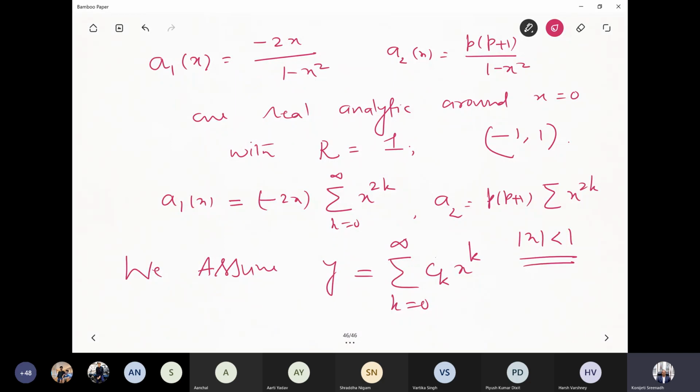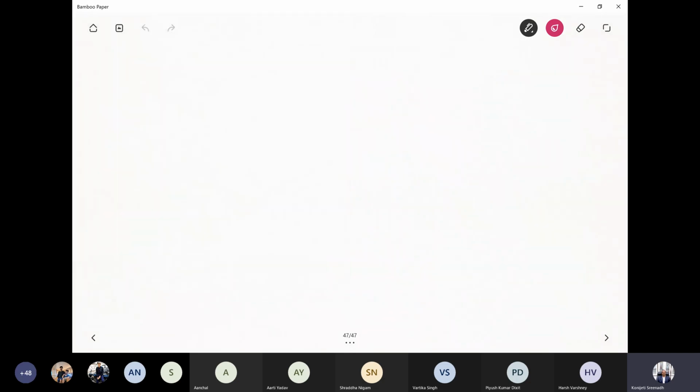Now we will go back to the equation and substitute this y to get the coefficients. If y is that, then minus 2x into y prime is going to be the sum of minus 2k ck into x power k. So differentiate and multiply by 2x; the x power k minus 1 becomes x power k.